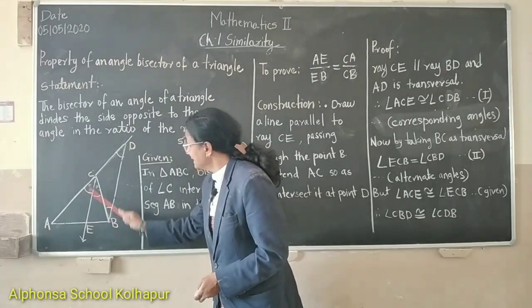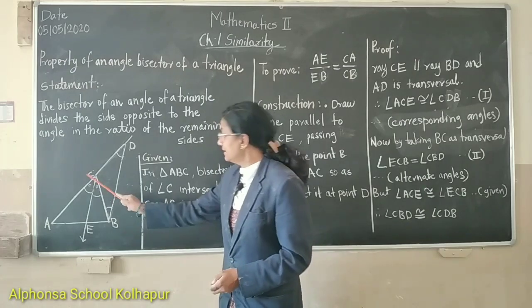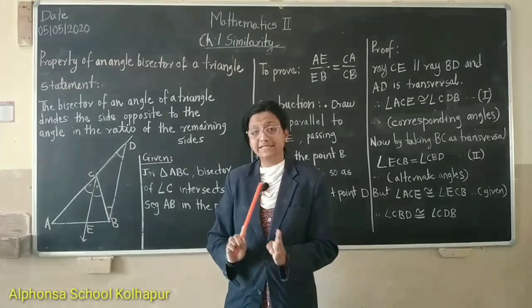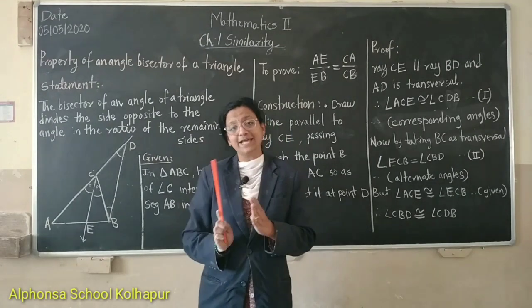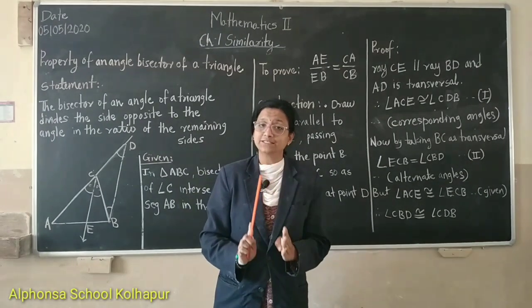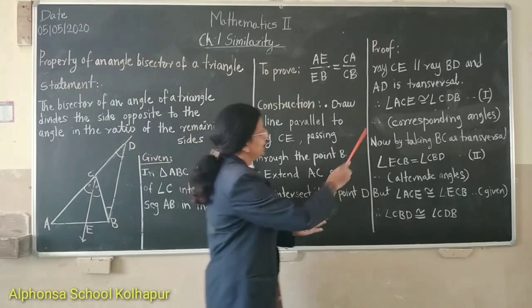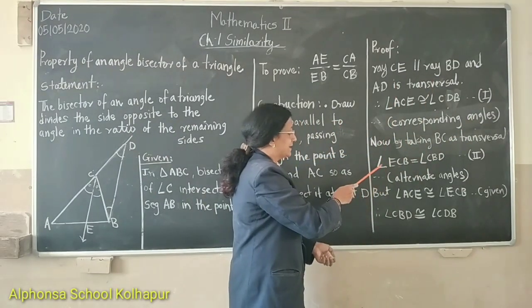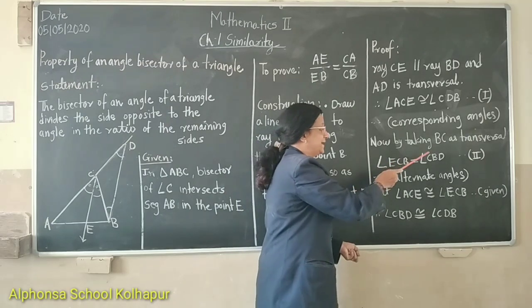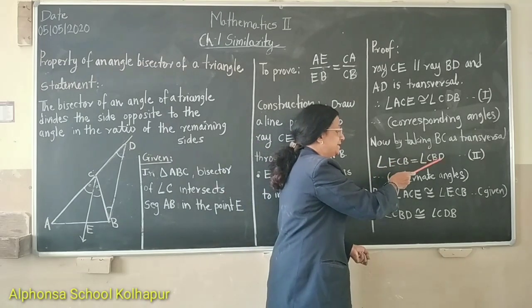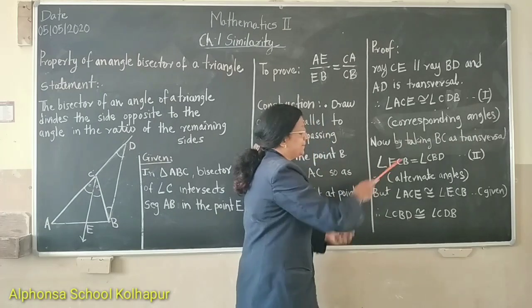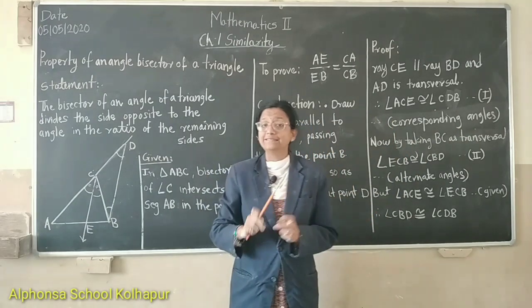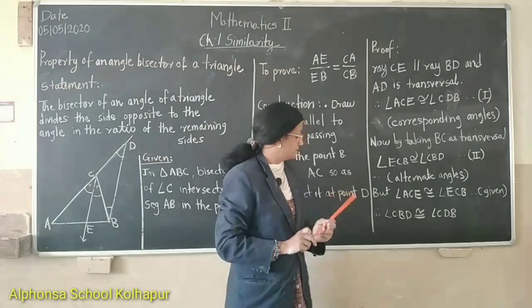Angles ECB and CBD will form an alternate angle pair, and if lines are parallel, alternate angles are congruent. So, considering BC as transversal, angle ECB and angle CBD are congruent as they are alternate angles.